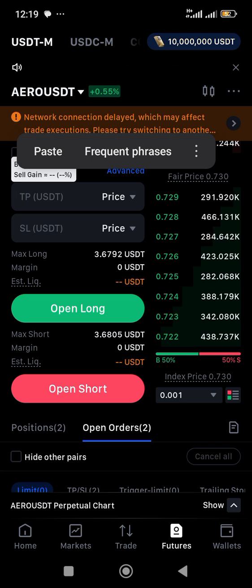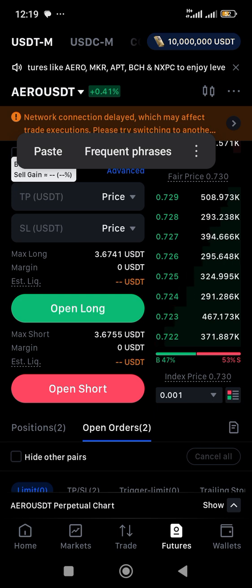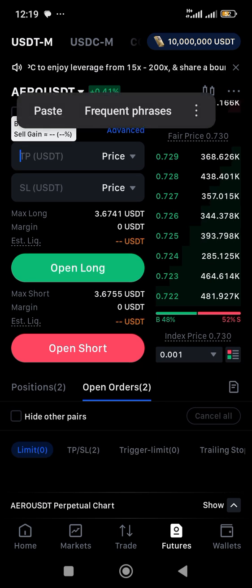I will still make a video on how to enter a signal you are given, maybe somebody sent you a signal. Just know that long is the same thing as buy, short is the same thing as sell.